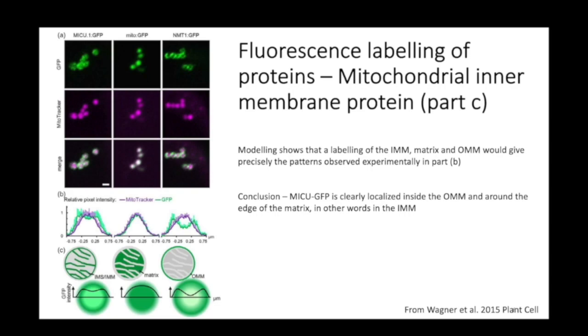And on the right, you see a marked two peaks. So the conclusion is that the mito-GFP is clearly localized inside the outer mitochondrial membrane and around the edge of the matrix, in other words, in the inner mitochondrial membrane.